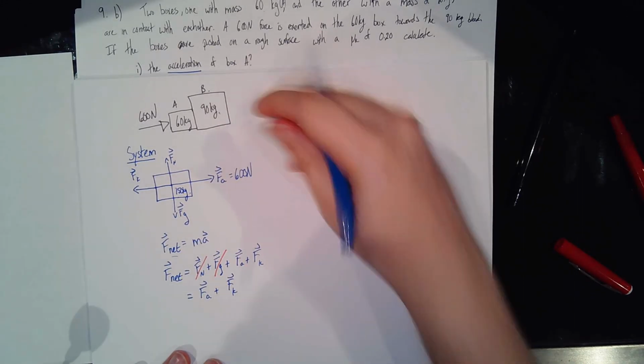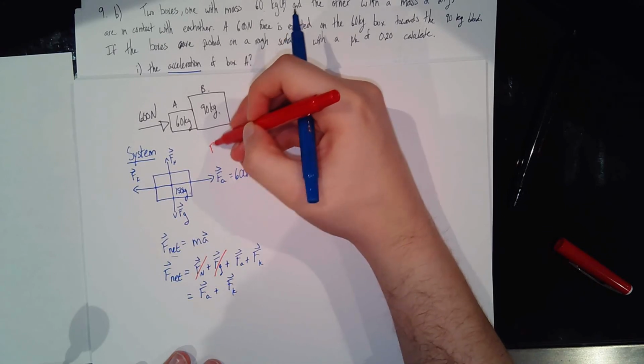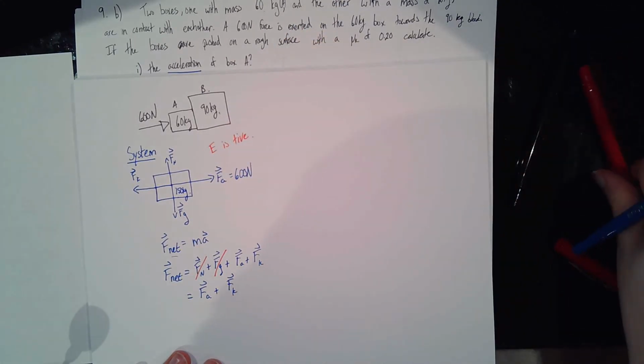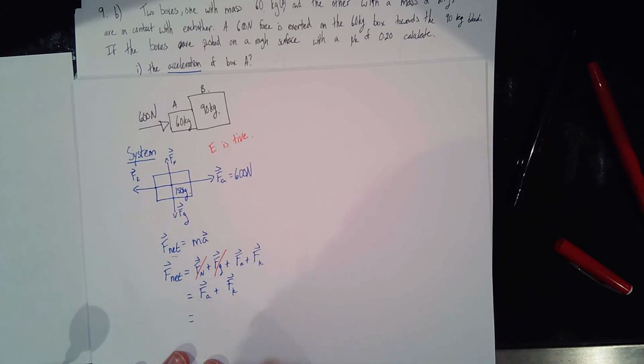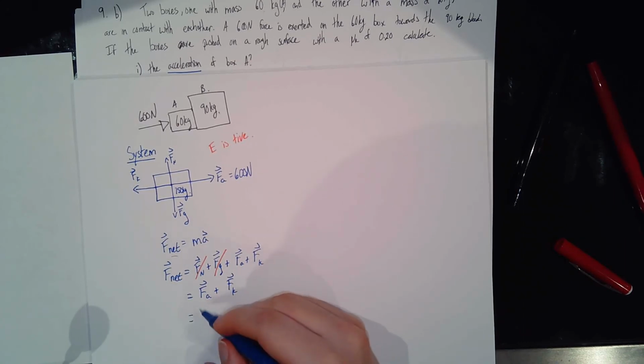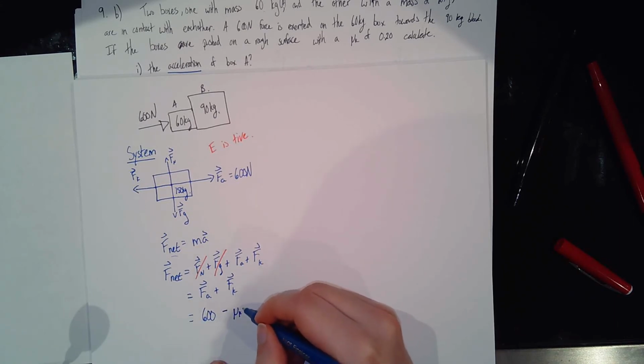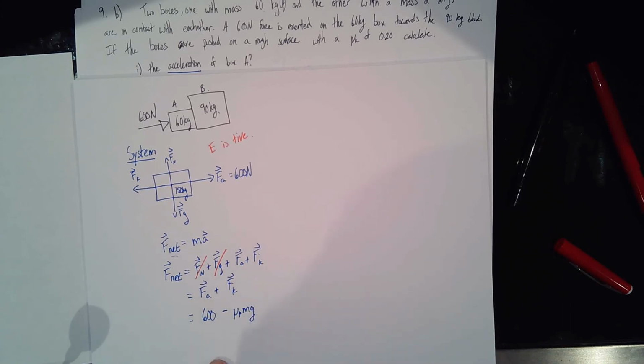Now, what I'll also say before going on is that east is positive. And so when we're putting our numbers into this equation, this 600 newtons, the applied force, is positive, but then our force of kinetic friction is negative.